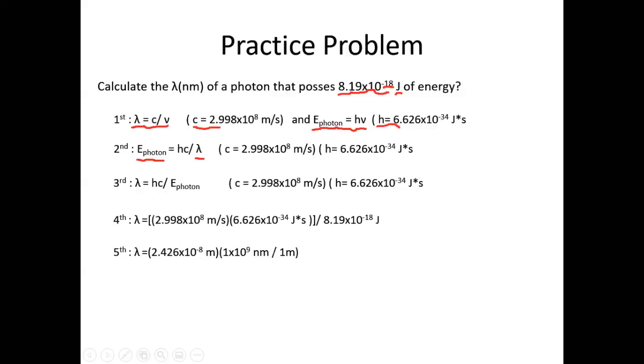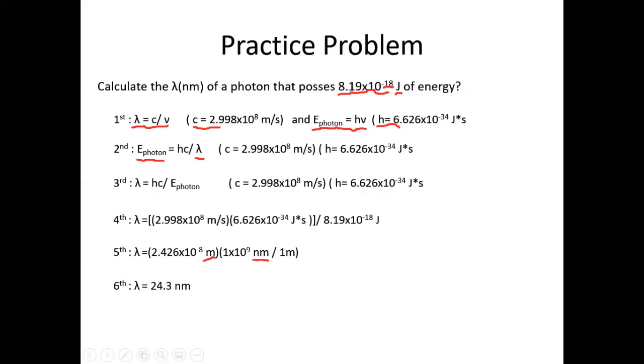Now we get the wavelength in meters. We convert it to nanometers. So here the wavelength is in meters. We multiply by 10 to the 9th to get the number of nanometers that this photon has.